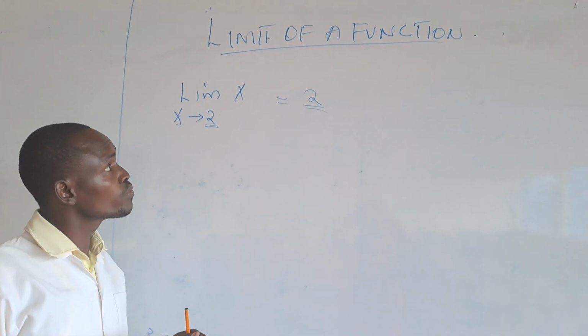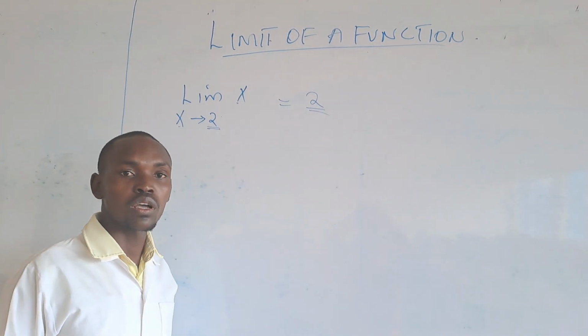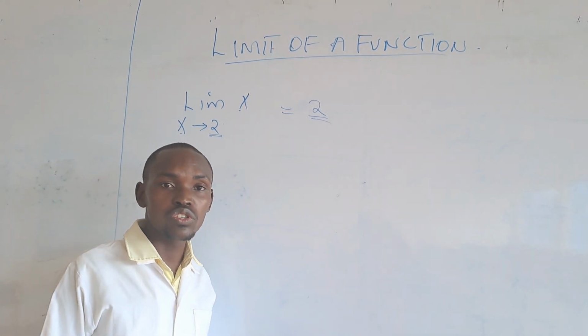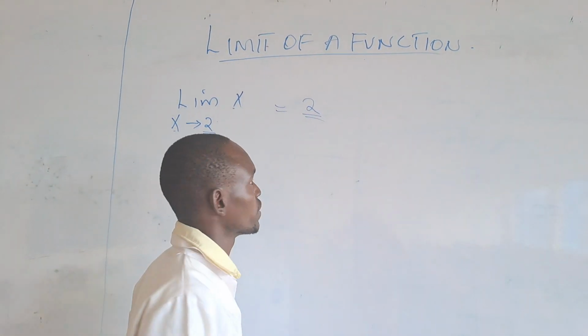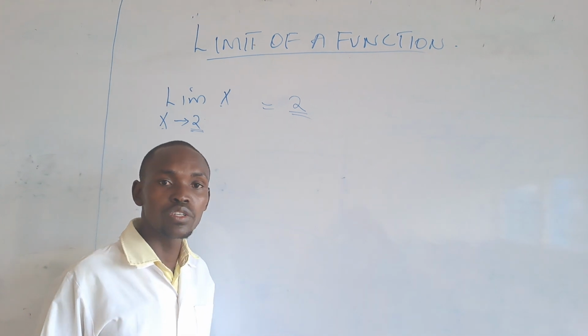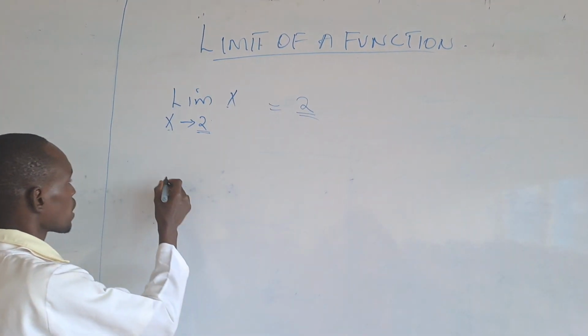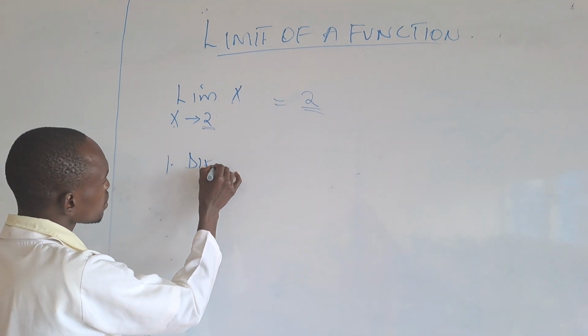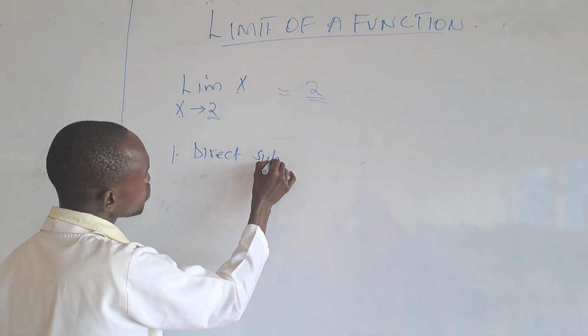Now, from that brief introduction, I want us also to discuss some of the methods that can be used to evaluate limits. So in evaluation of limits, 4 methods apply. One of the methods is direct substitution.